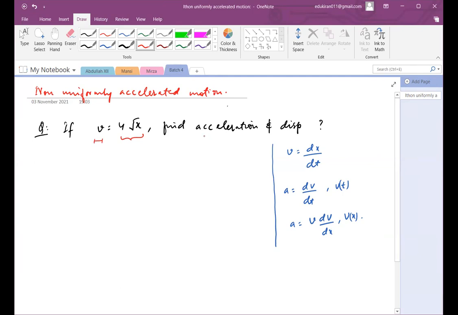To calculate acceleration, we have two different formulas. First is a equals dv over dt, if velocity is a time-dependent function. But if velocity is an x-dependent function, then we will use this other formula. Since in this problem we have velocity as an x-dependent function, just use this formula. Is it clear, everyone? Okay, try to solve.